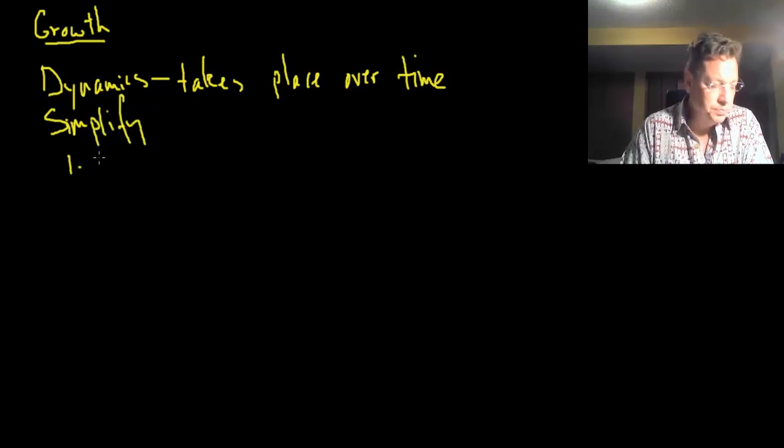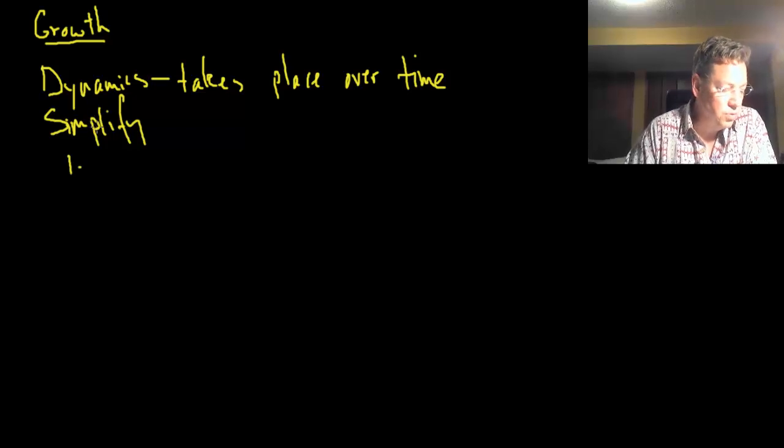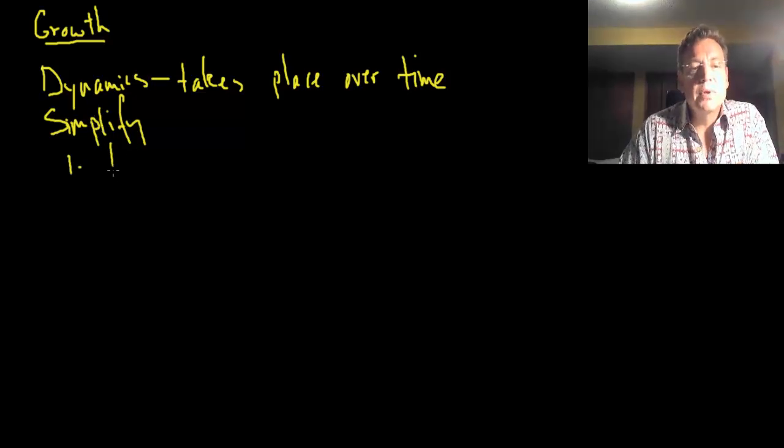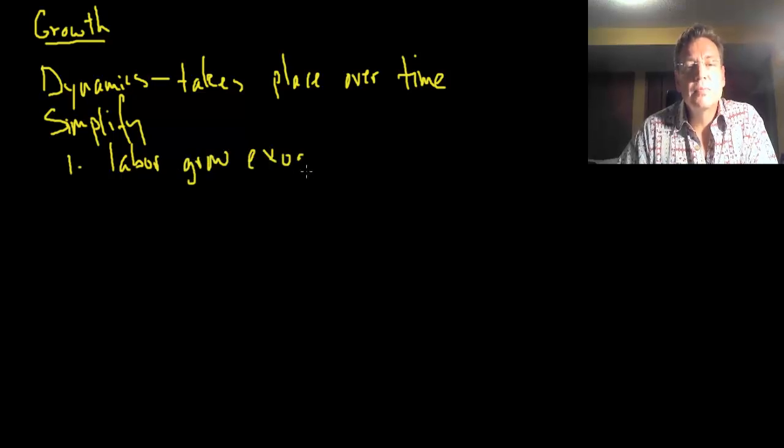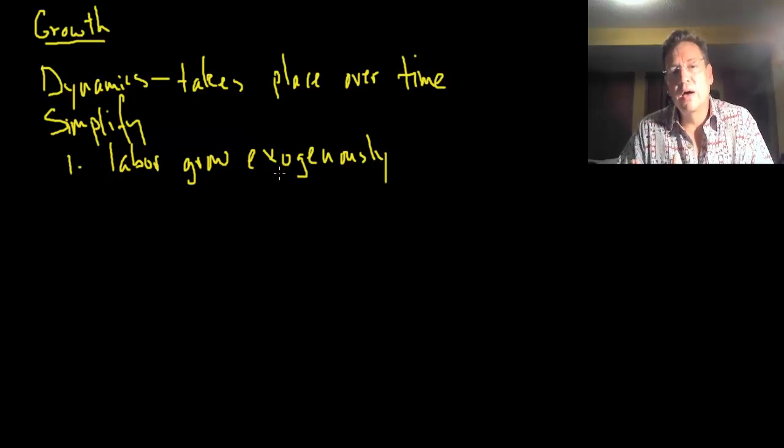So first, we're going to have labor just grow exogenously. And therefore, unlike in the last model, we're not going to have consumers making an optimal consumption leisure choice. We're not going to have firms making an optimal or profit maximizing labor demand choice.